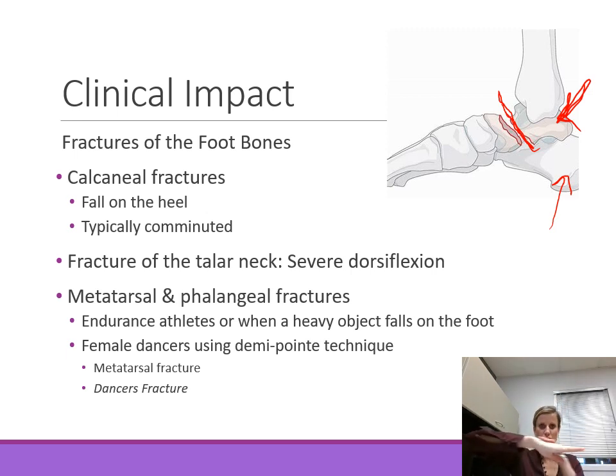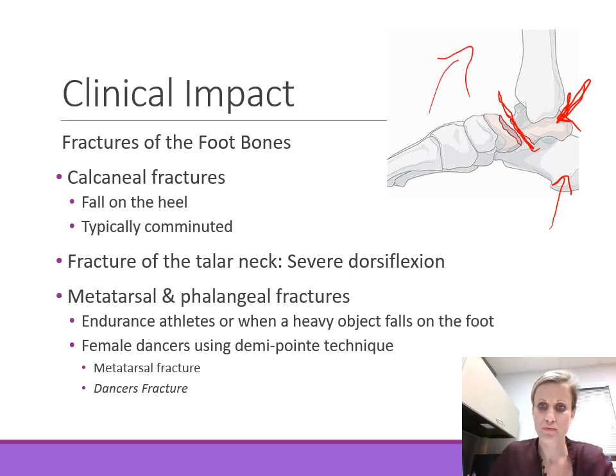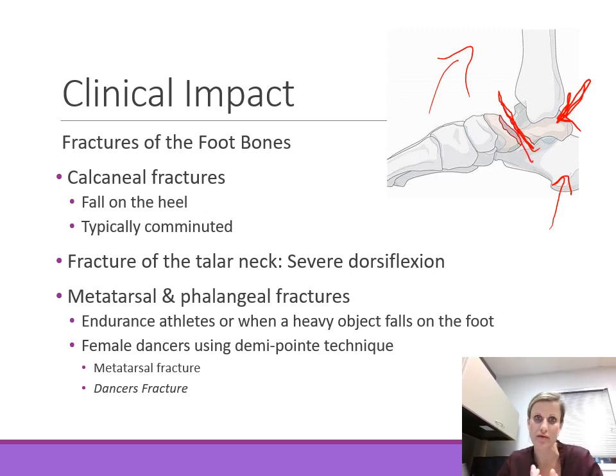Dorsiflexion, like if this is the foot, right, the toes, is when the toes go up, right? So you flex the dorsal side of your foot up. This happens, for example, in car accidents. So like a head-on collision when someone's pushing on the brakes really hard, and then there's a big impact, and the foot gets overly dorsiflexed. So the foot comes back up this way, and that can fracture the talar neck or the neck of the talus.